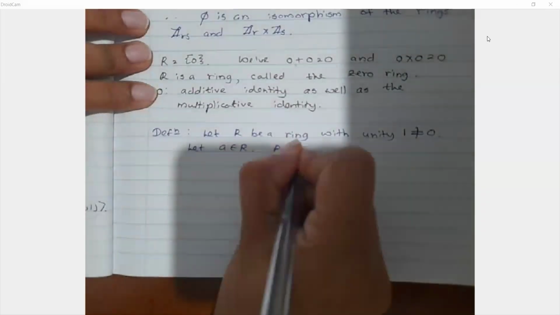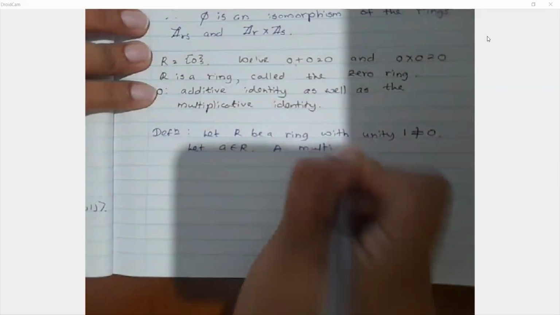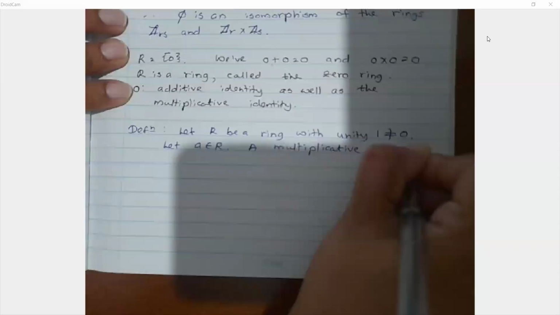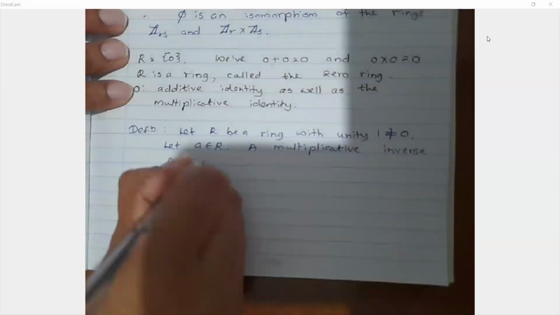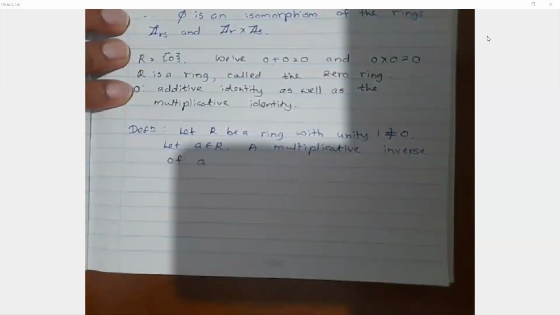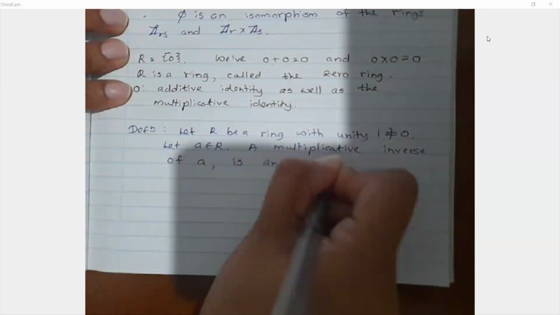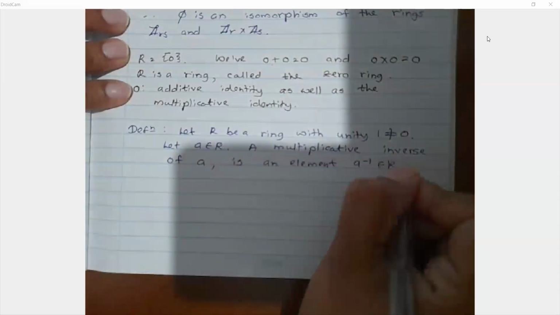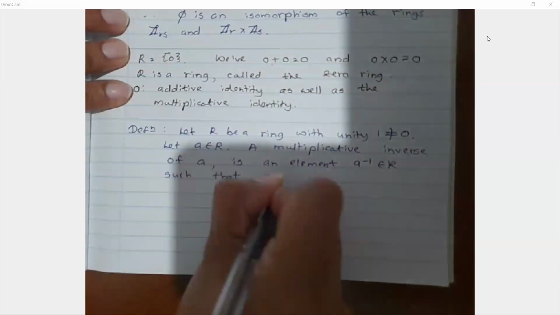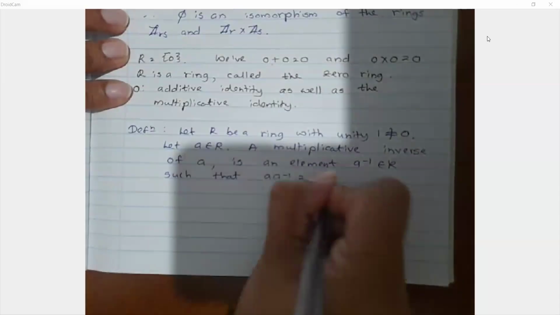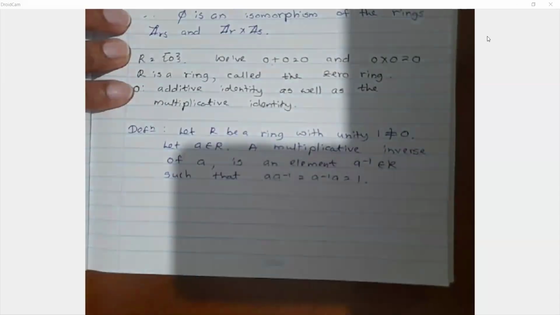A multiplicative inverse of A is an element, usually denoted by A inverse, which also is in R, such that A times A inverse equals A inverse times A is equal to the unity, right?